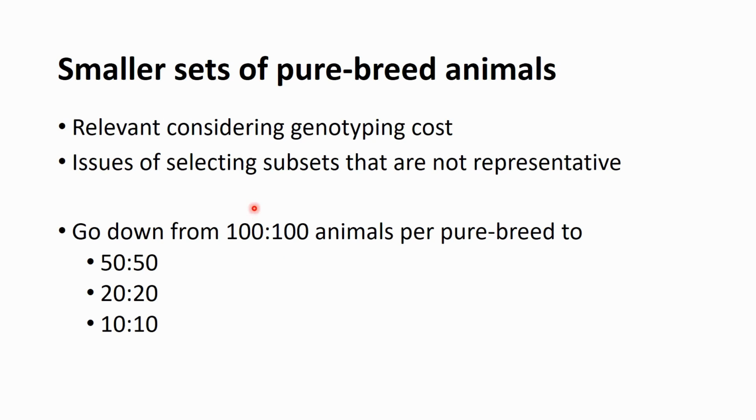In this case, what we will do is compare a situation when we have the admixed individuals and 100 individuals from both purebred populations. But then what we do is have just 50-50, 20-20, and 10 individuals from each of the ancestral populations, and we will see how well the admixture proportions behave.